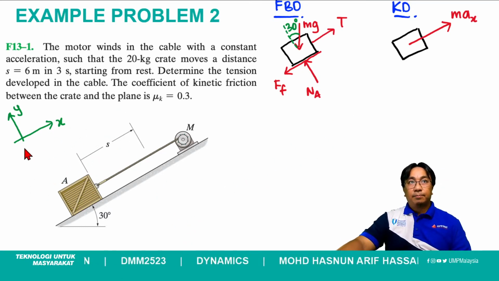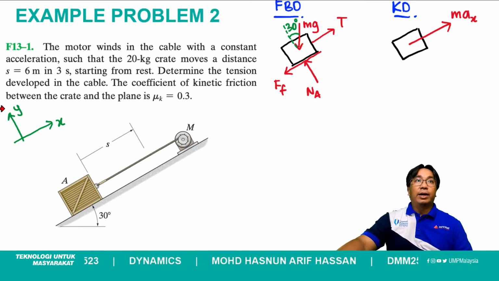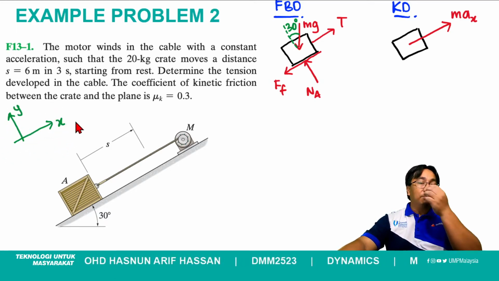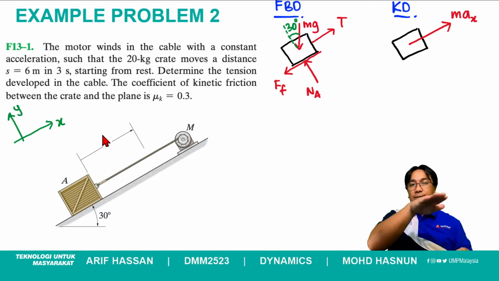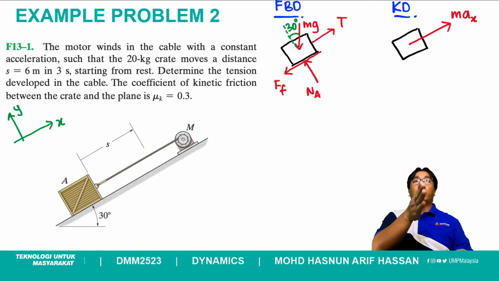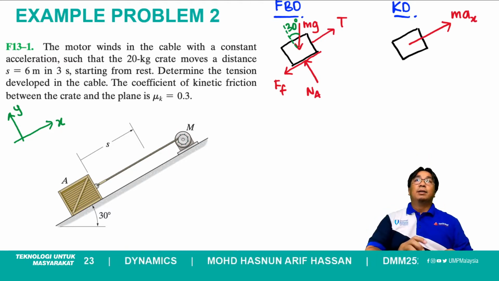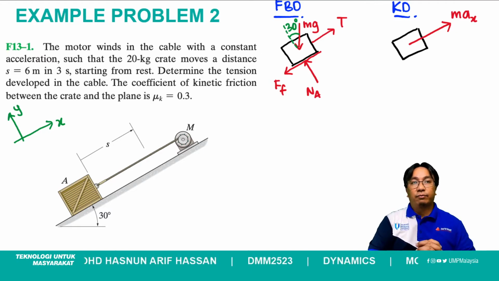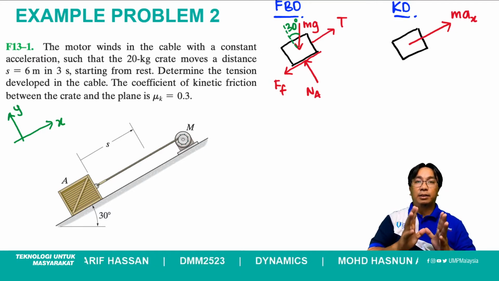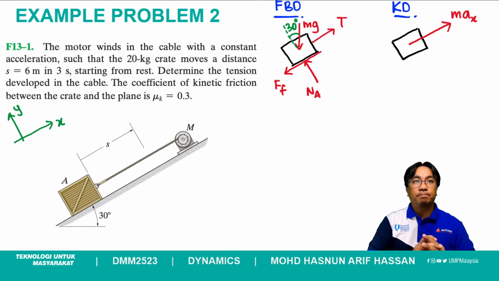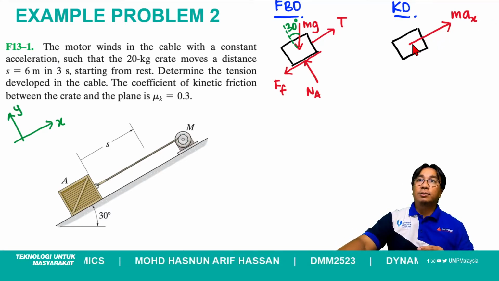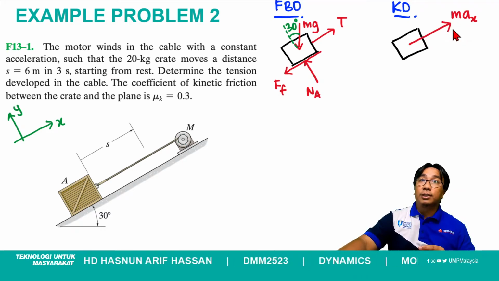Let's say kita define our coordinate system ni macam biasa, as a normal orientation of coordinate system. X positive to the right, y positive pointing up. In kinetic diagram, how many arrows will you have? Kalau coordinate system kita orientation macam biasa. There will be 2. Correct. There will be 2 because this is the direction of motion.